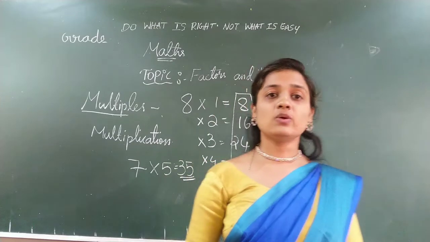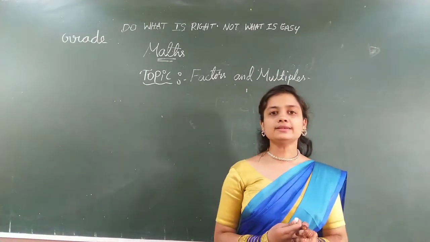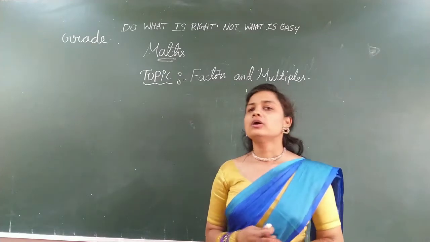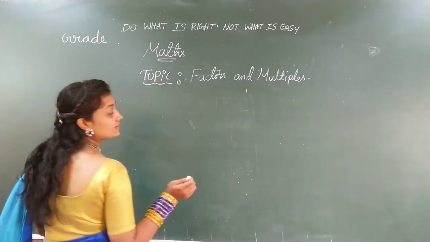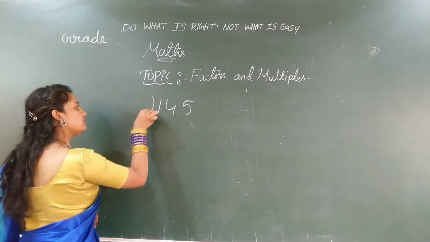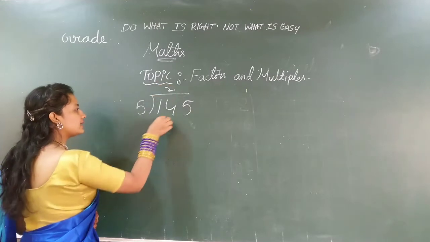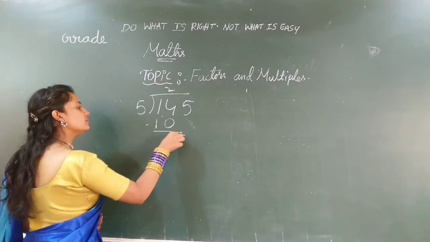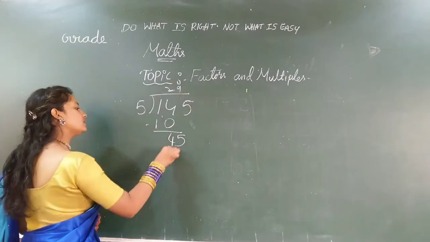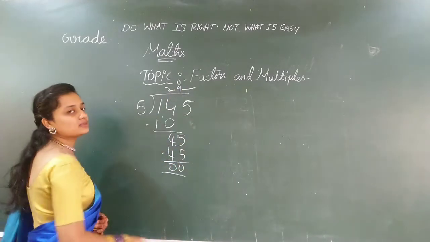Now let's go for the next part, that is the divisibility test. You all know how division works, you learned it in the previous chapter. If I ask you to divide this by 5: 5 twos are 10, 5 nines are 45. Now my answer is 29.